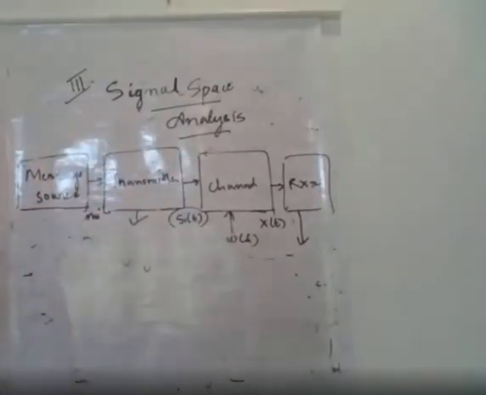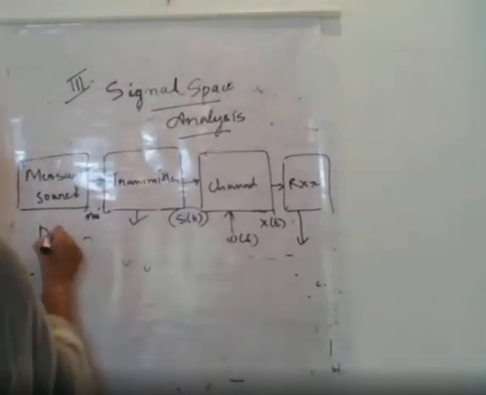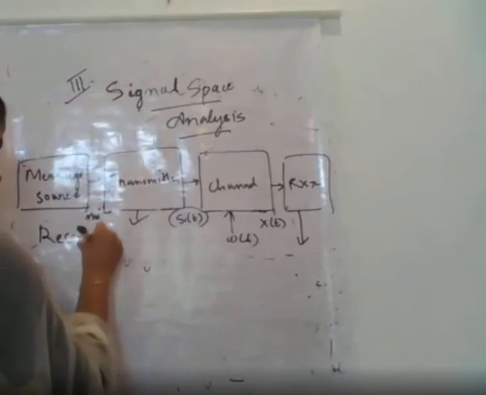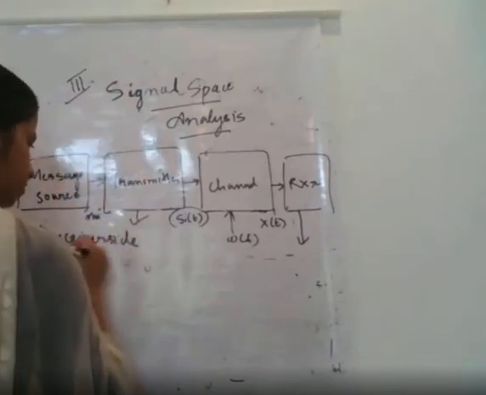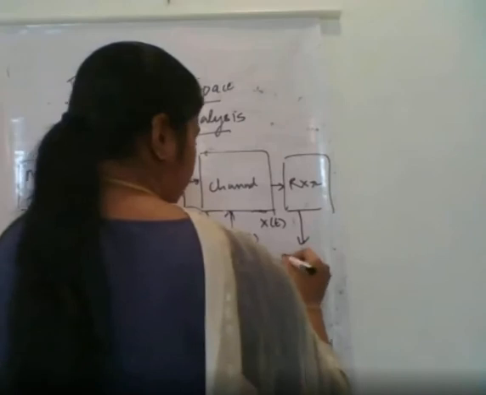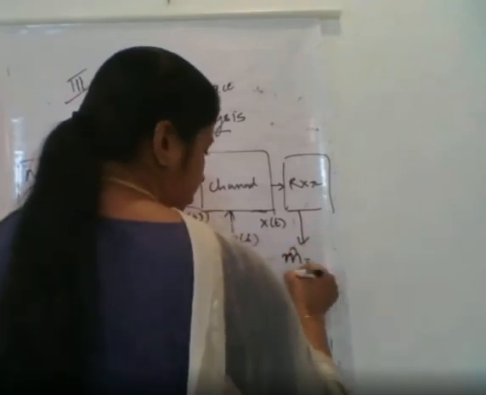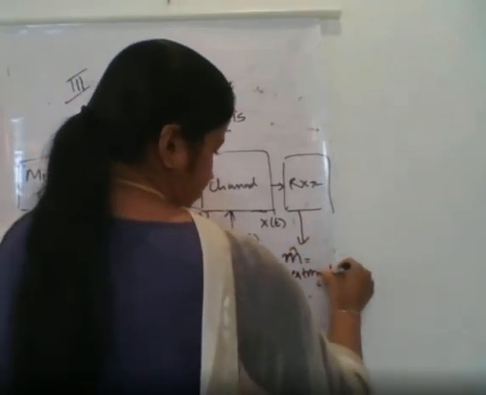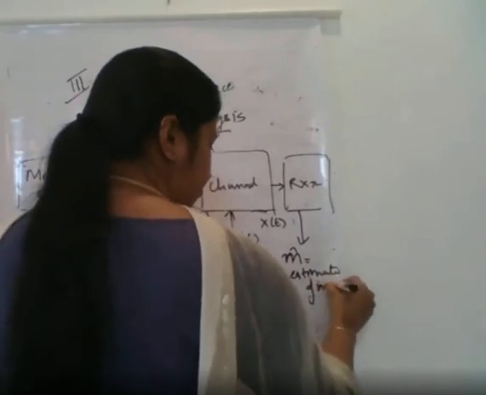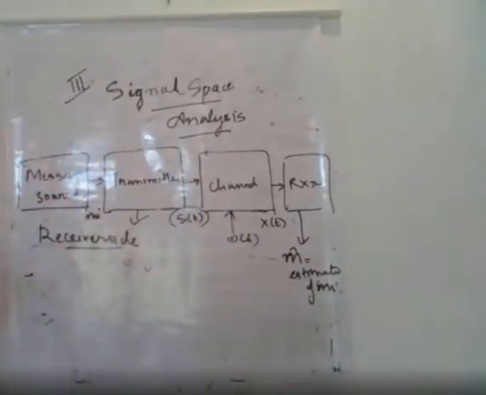Now we will go to the receiver side. This is our receiver, and the output is m cap, which is nothing but the estimate of m_i.